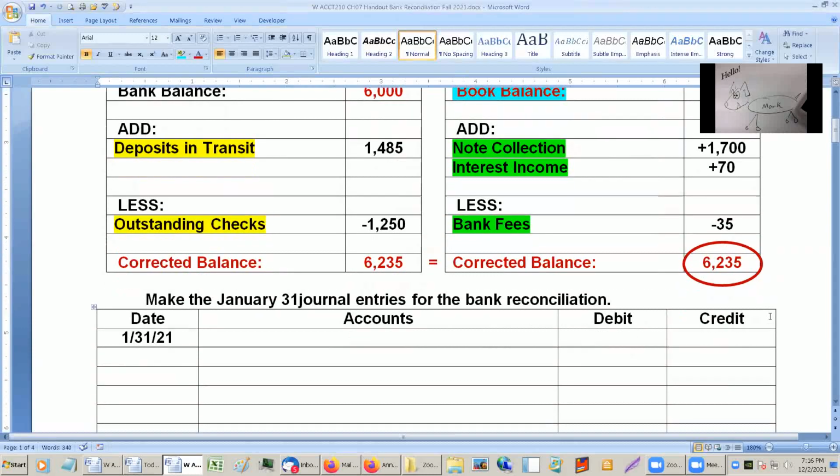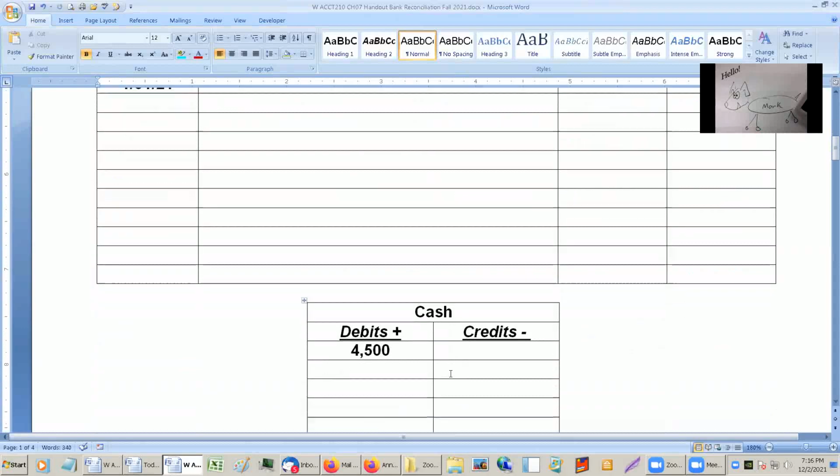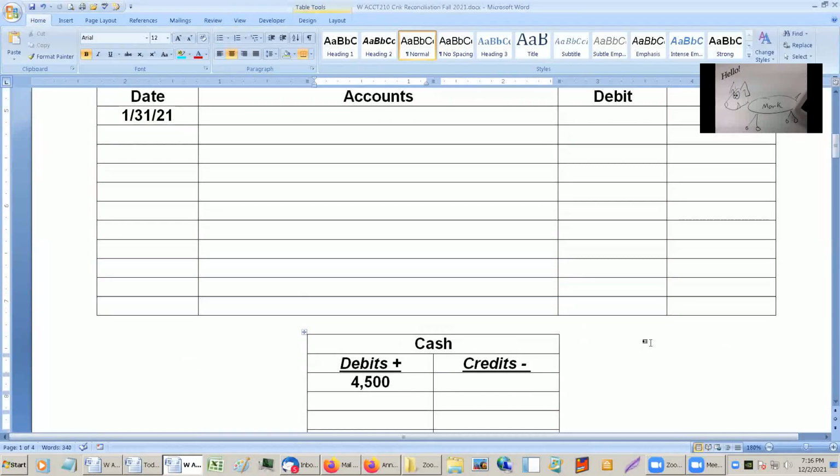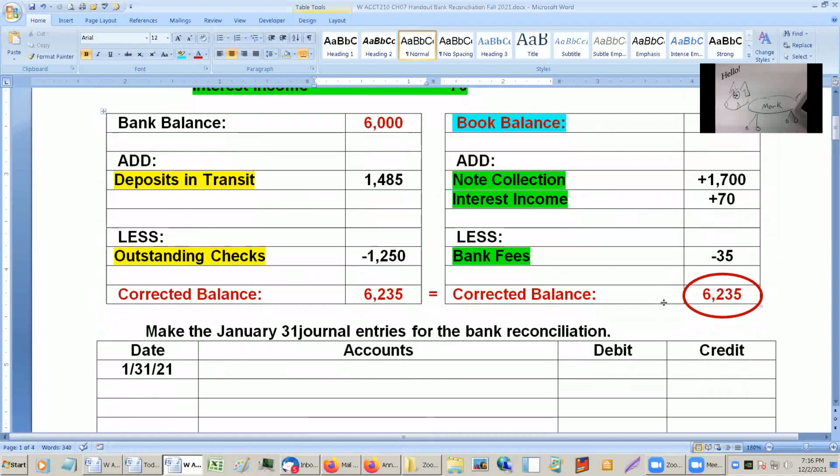So this is what we should have for our cash, 6,235. The problem is we have 4,500 sitting in there. So what we have to do is make journal entries for these things that are on our side of the bank reconciliation.